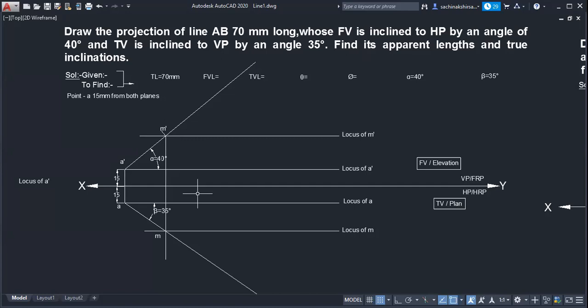From here you can draw an arc, likewise in this way, from M dash. Then what are you going to do? Go straight. The point you will meet is on which line?